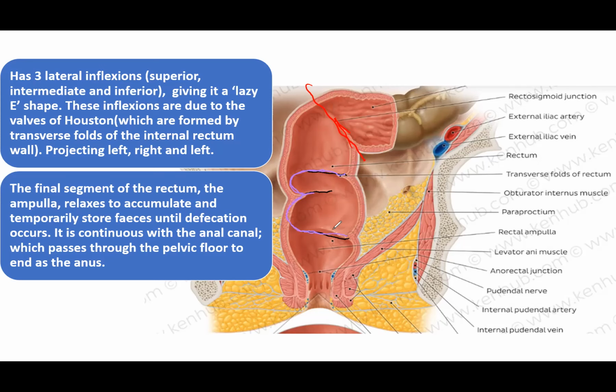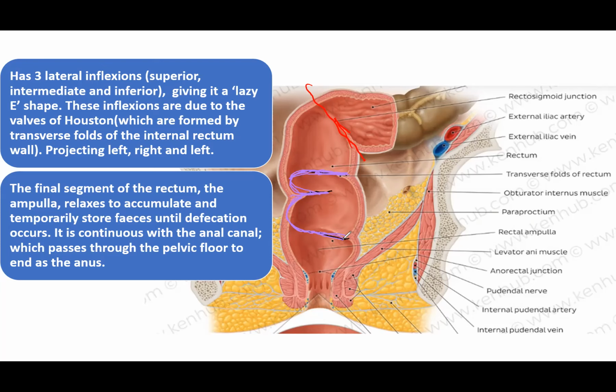As simple as this, you can be asked in your MCQs that you have two valves of Houston on the left and one on the right, giving the rectum its shape. So you have to be very careful: you have two on the left, 1 and 2, then one on the right, giving the lateral flexion of the rectum, the lazy E shape.